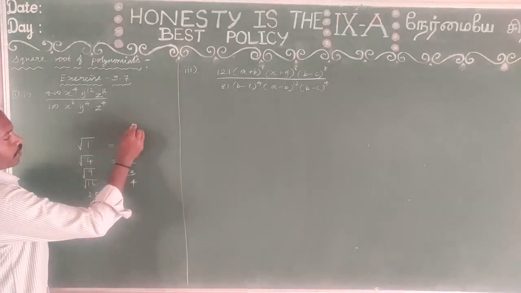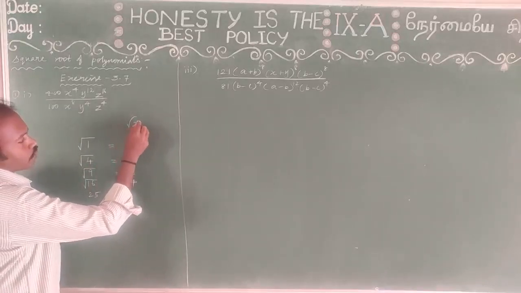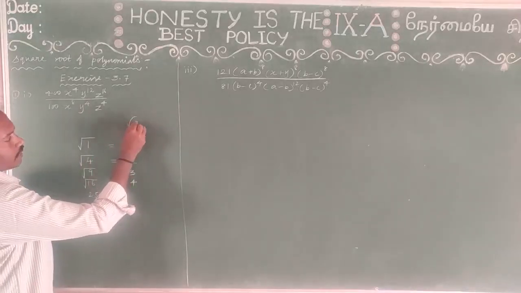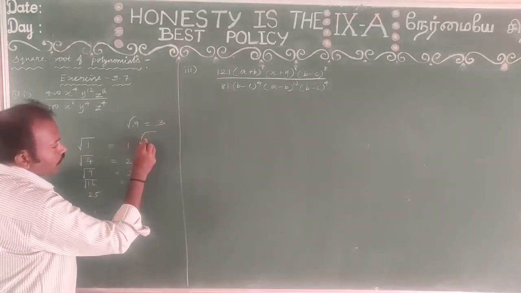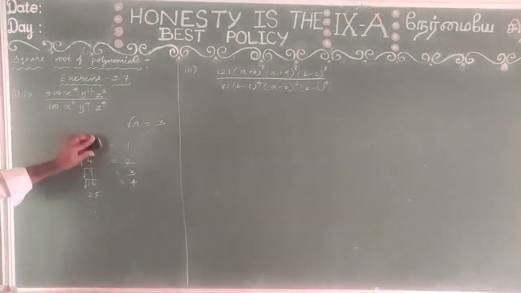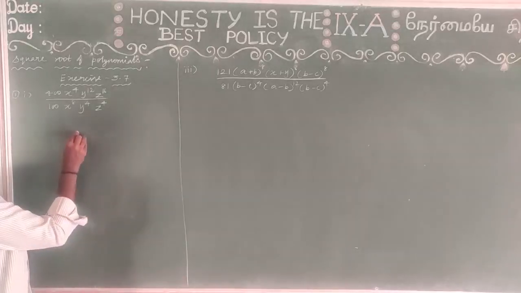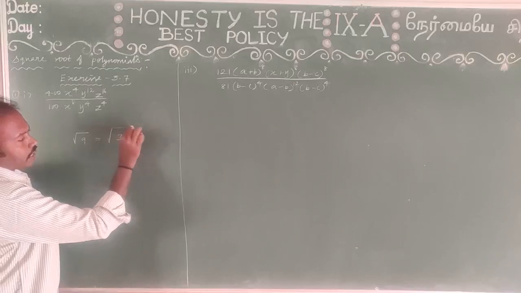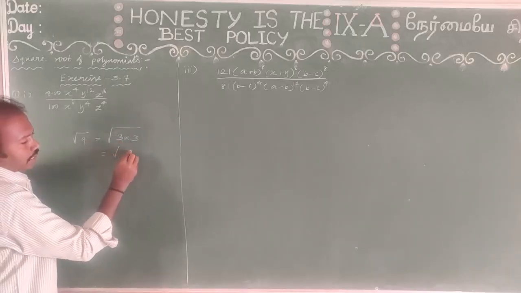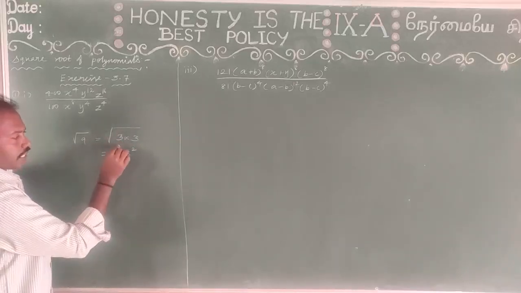How can we find out? For example, root of 9. Root 9 is equal to 3. That means root 9 is equal to root of 3 into 3. That is equal to root of 3 squared. Right.